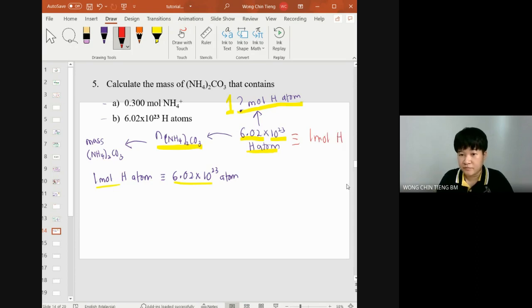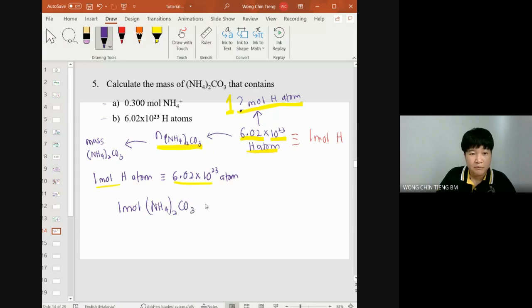Betul? Tapi yang saya nak adalah dalam ammonium carbonate. So, balik kepada teori. 1 mole of ammonium carbonate, dalam ni sayang, ada berapa mole of hydrogen theoretically? Dalam ni theoretically ada berapa mole of hydrogen? Daniel tadi?